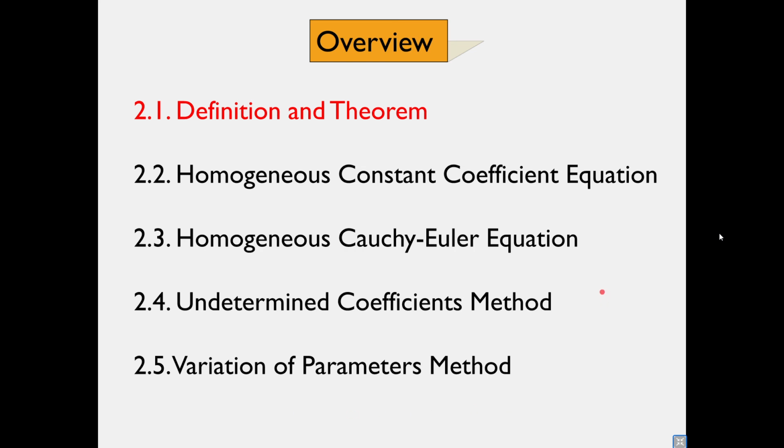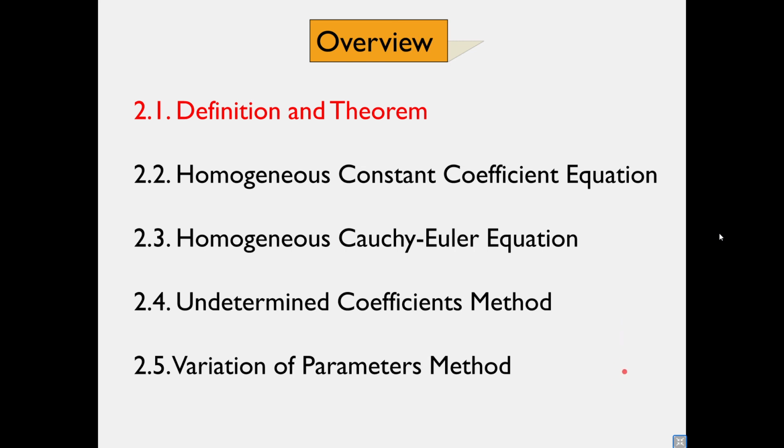Just letting you know now: undetermined coefficient method and variation of parameter method. These two methods are to find your yp.